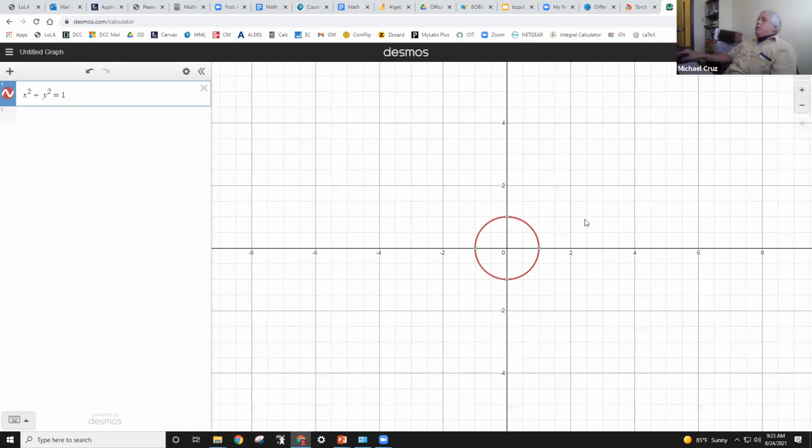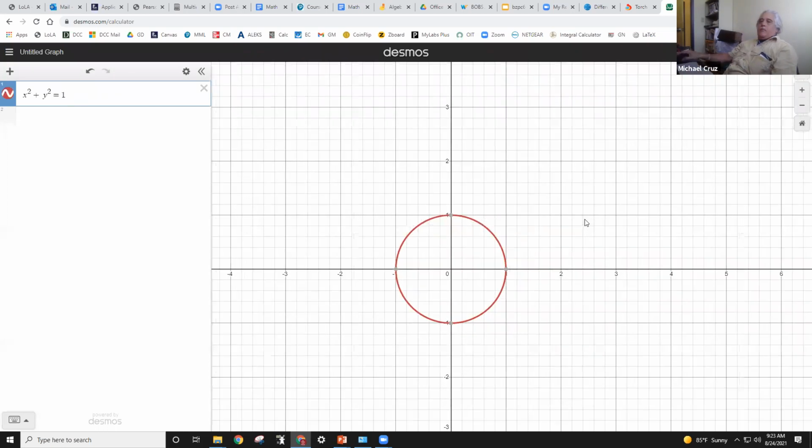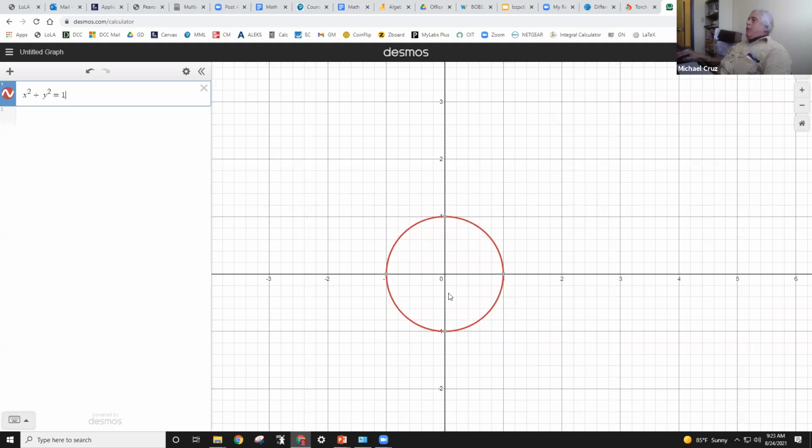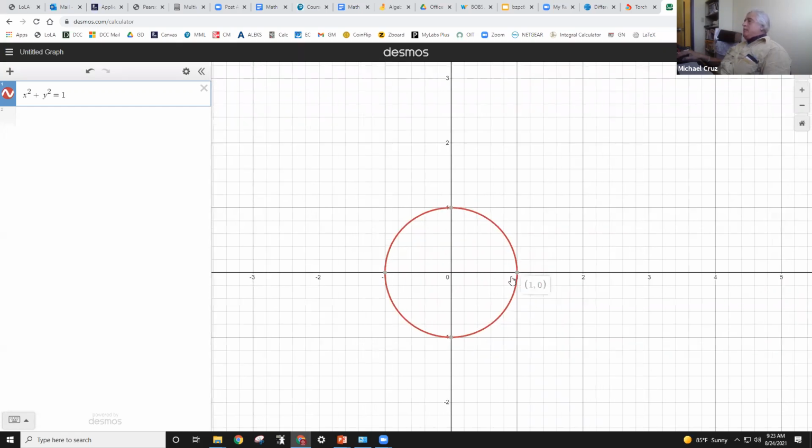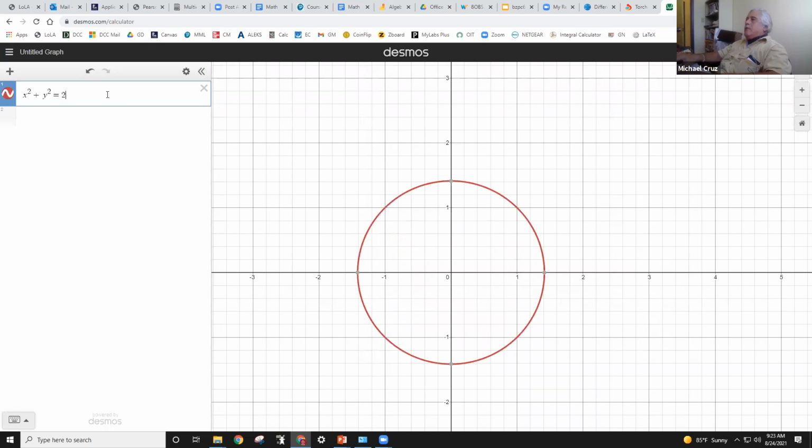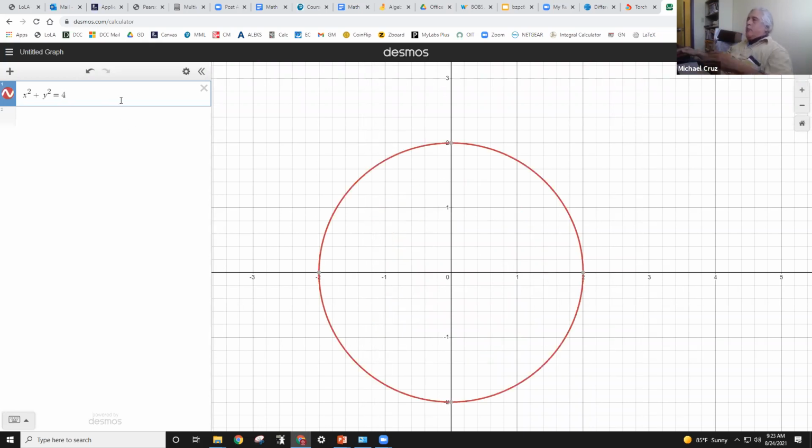All right, so here's the graph of that circle that they just gave us. So if you look at any value in here, let's make it 2, so that way we can look at 1 or 4.